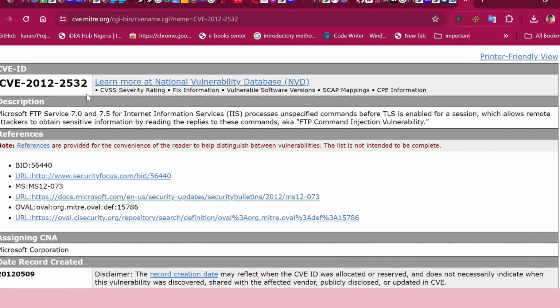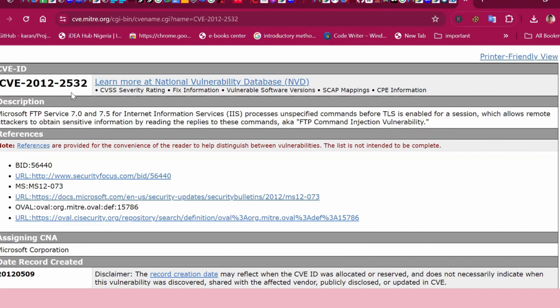Just for those that are new, the way these are named is, for every vulnerability that is found, an ID is attached to it. So we are in 2024 now, so any new ID you see will be CVE-2024 dash the next number.